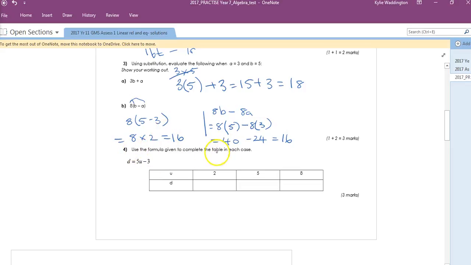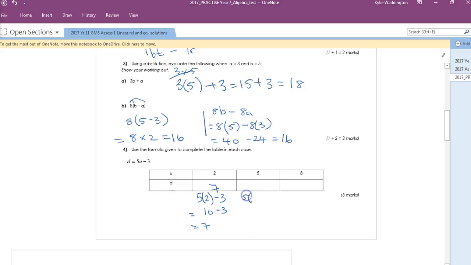Here's the formula given to complete the table. Again, remember we substitute, so we're trying to find D by substituting U. So for our first one here, and I'm going to show my working because I want full marks. 5 times 2 minus 3, 10 minus 3, 7, and I put my 7 into my table.